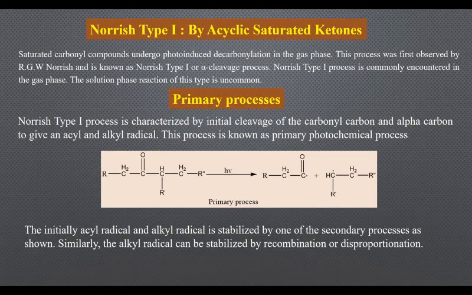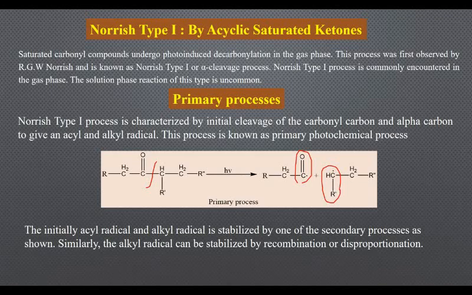The primary process is the initial cleavage of the bond between the carbonyl carbon and the alpha carbon to produce an acyl radical and an alkyl radical. It is a primary photochemical process.